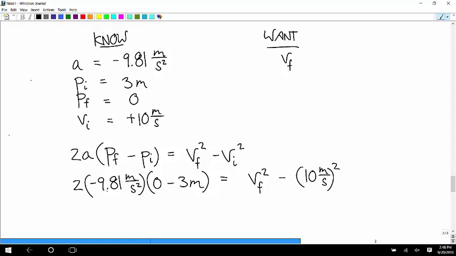So we have 2 times negative 9.81 times negative 3. That's 58.86 again, and the units are meters squared per second squared. And that's equal to V final squared minus 100 meters squared per second squared.